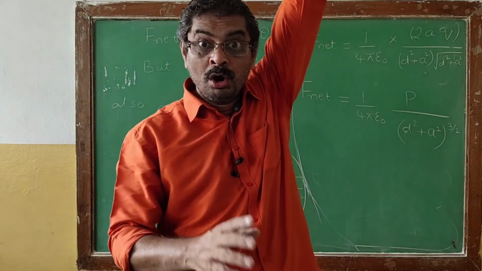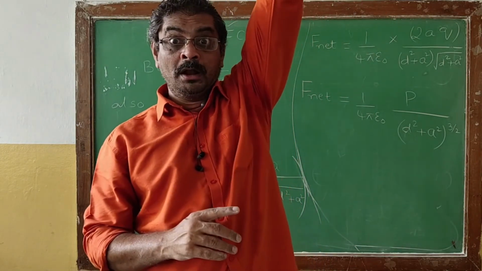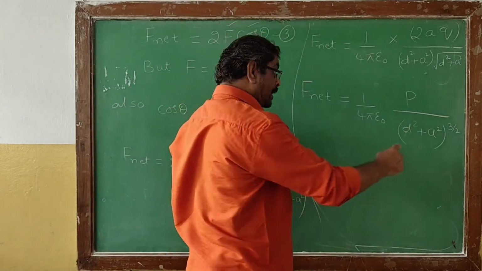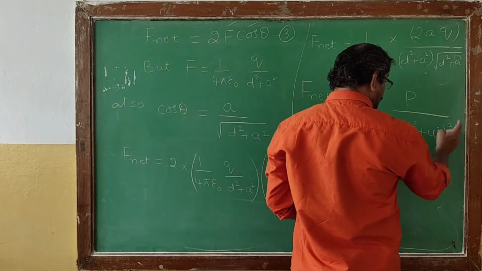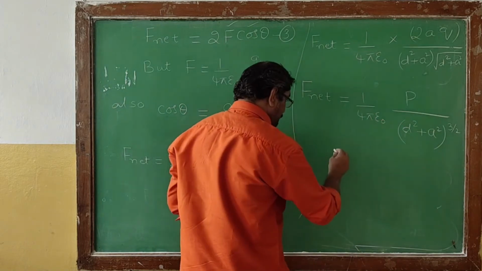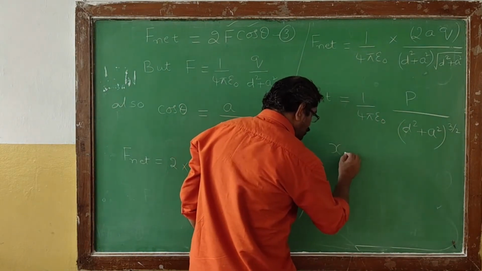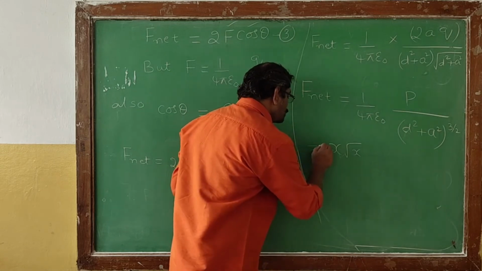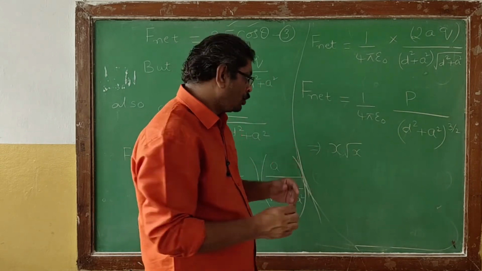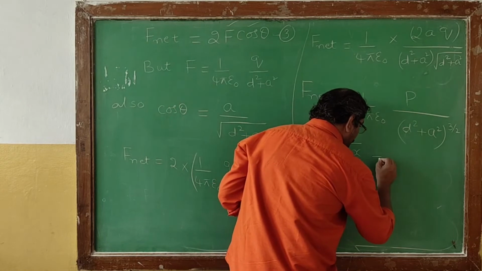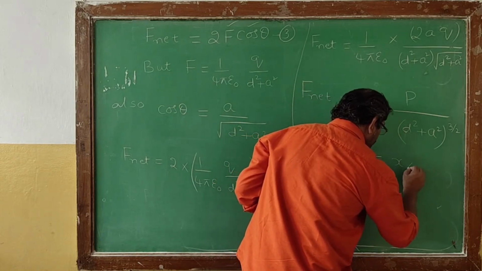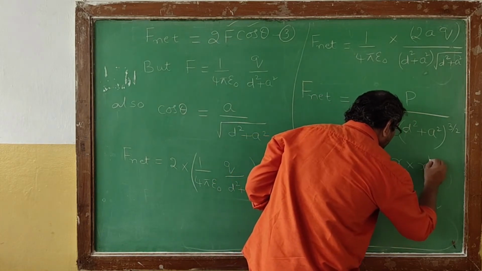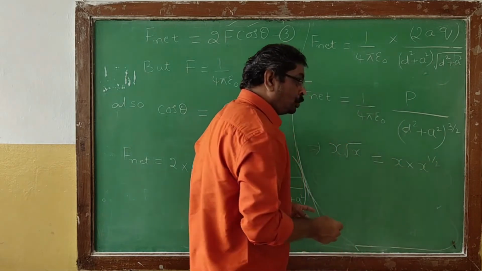So for the BPC people, how are we getting the power as 3 by 2? Very simple. Let us say you have x root x. This can be written as x multiplied by x power 1 by 2.